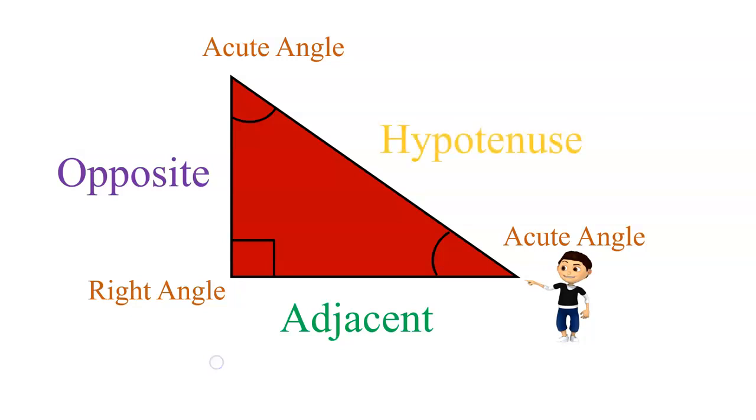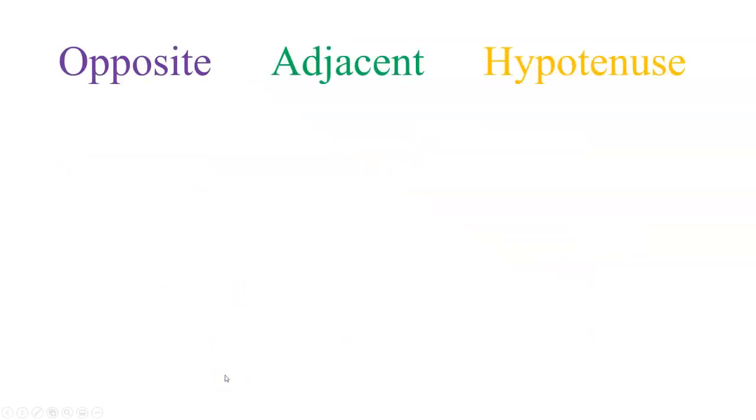And of course, the hypotenuse stayed where it was. So we went from side, side, side to leg, leg, hypotenuse to specific names: opposite, adjacent, and hypotenuse. So we'll look at these three words, opposite, adjacent, and hypotenuse.